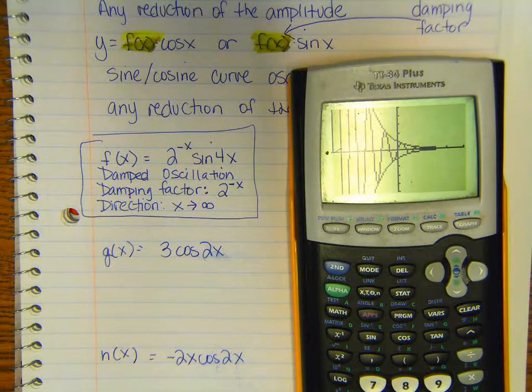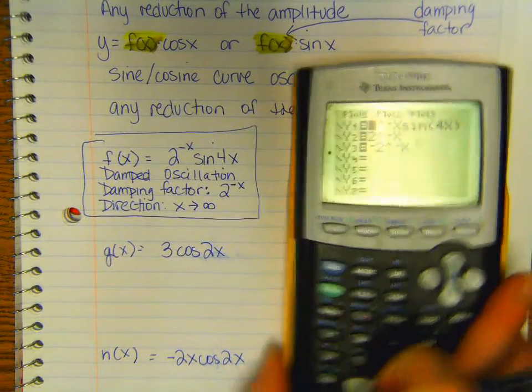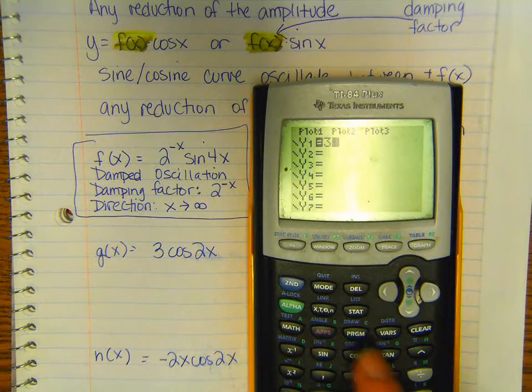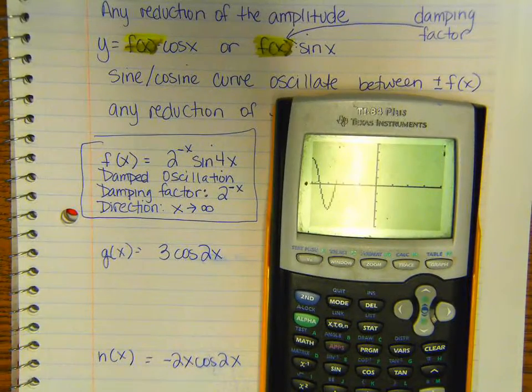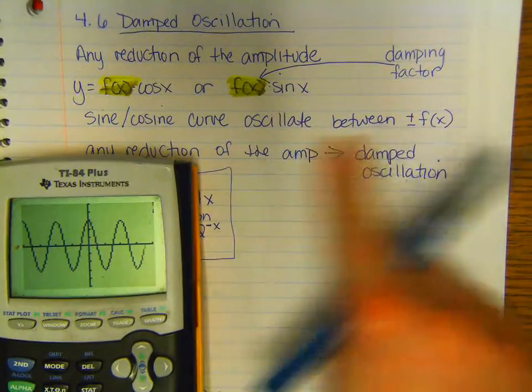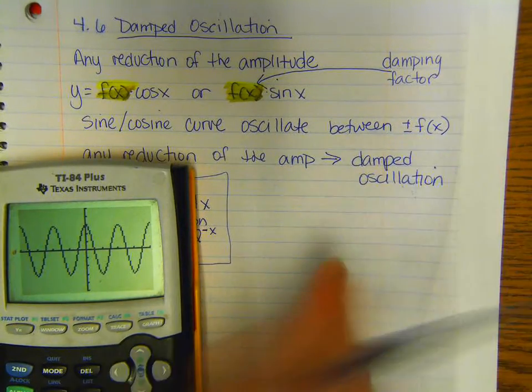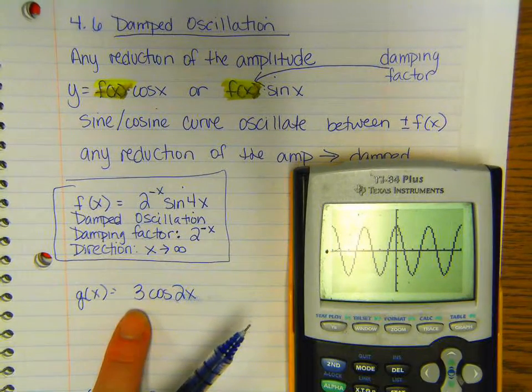So, but let's just take a look, just so we can see it. So 3 cosine 2x. Okay. So now, hey, the sine curve still oscillates between plus and minus f of x. It's just that it's plus and minus 3. However, is there any reduction in the amplitude?